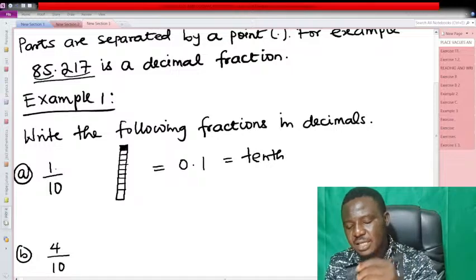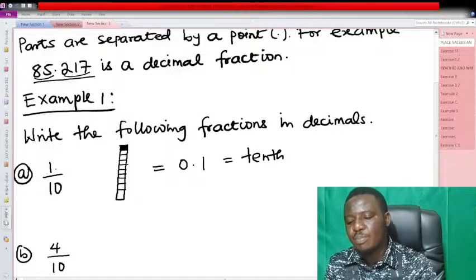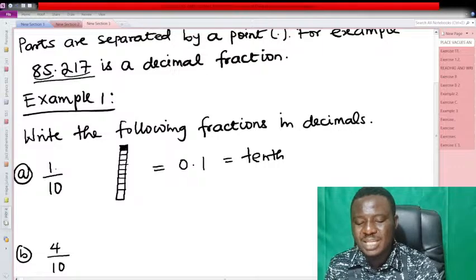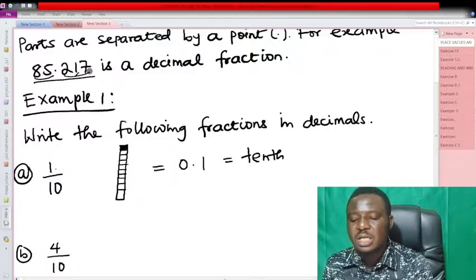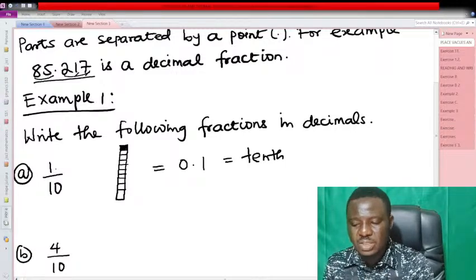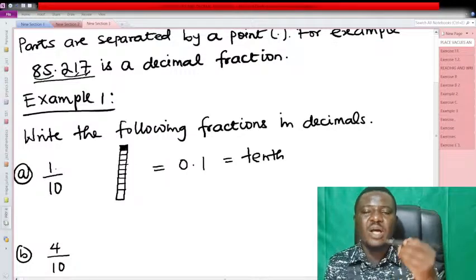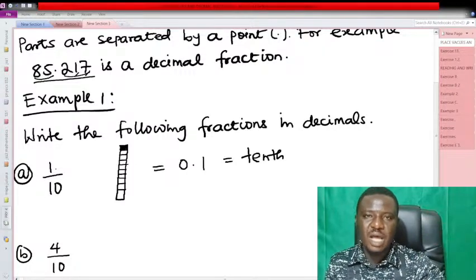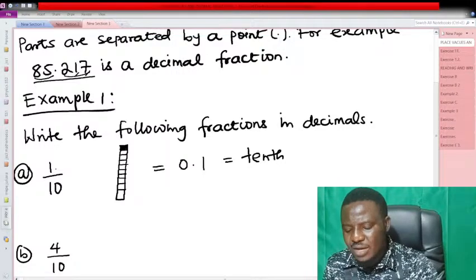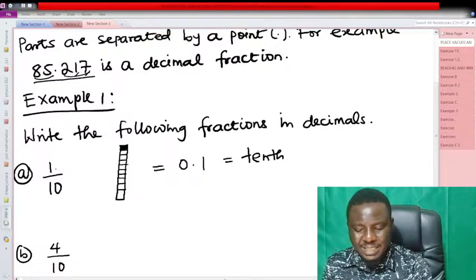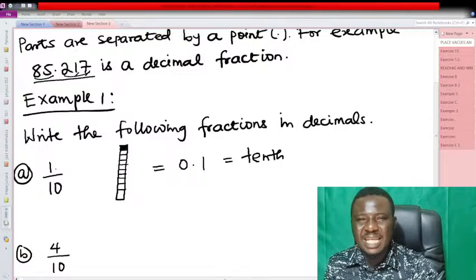So the first figure after the decimal point is said to be the tenths. The second is said to be the hundredths. Third is said to be the thousandths. After thousandths, we have ten-thousandths, hundred-thousandths, and the rest. So when you are dividing any number by 10, it's going to be in the tenths place.